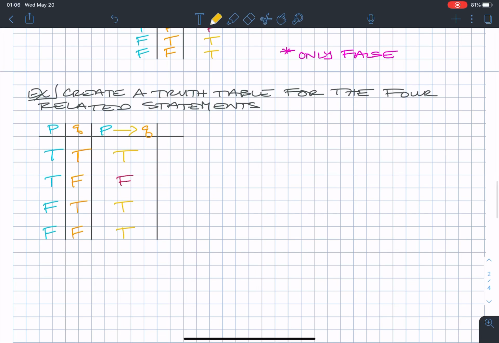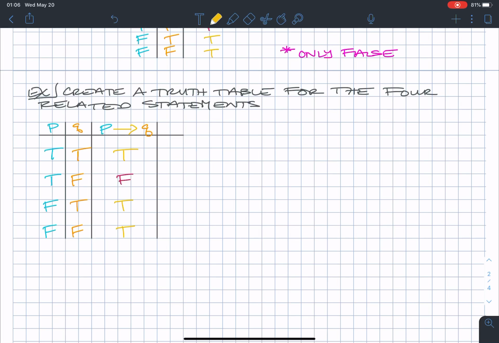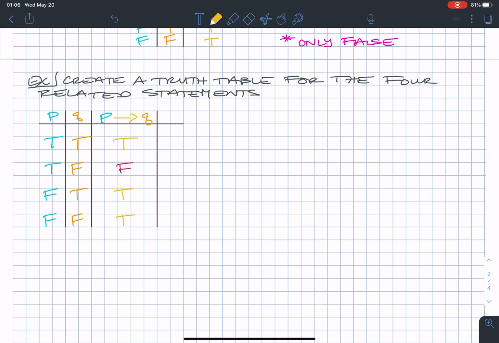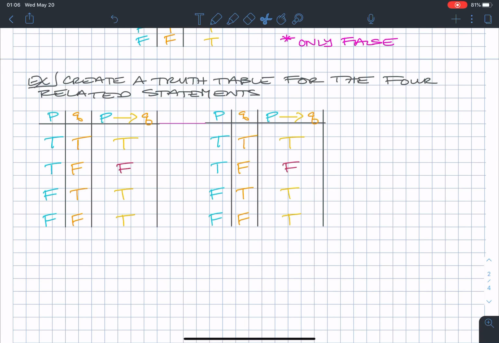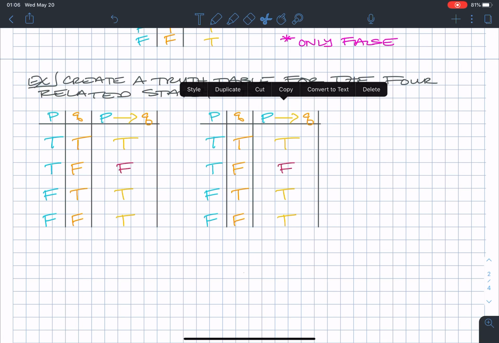So what's the converse again? Q implies P. So actually, maybe I should just copy and paste. That might be easier. Let's copy this whole thing. Copy, paste. So I'm going to redo this. And now instead of P implying Q, what was the converse again?